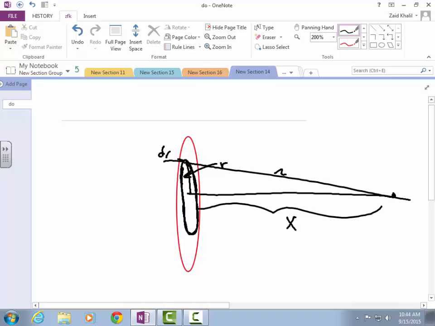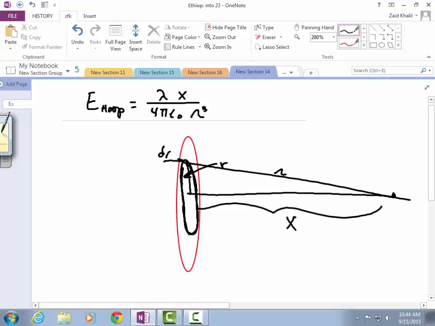So now, what is the electric field due to the hoop? E hoop is going to be what? Go back in your notes. It was script r cubed, right?